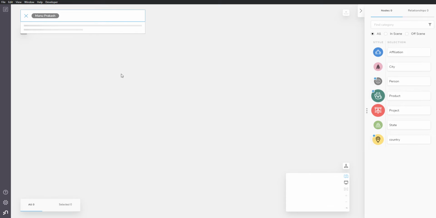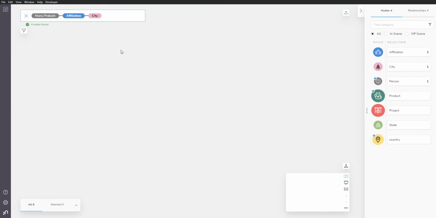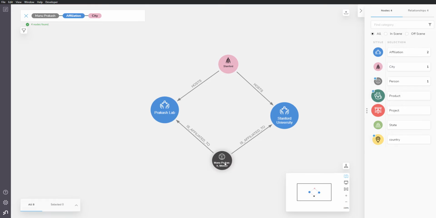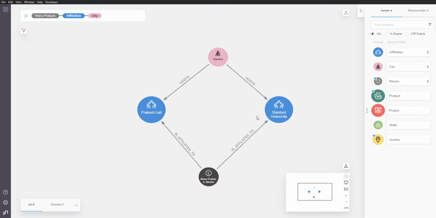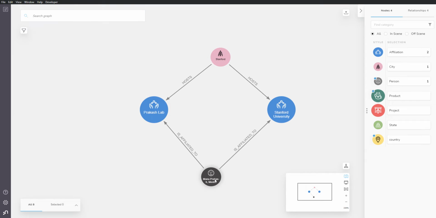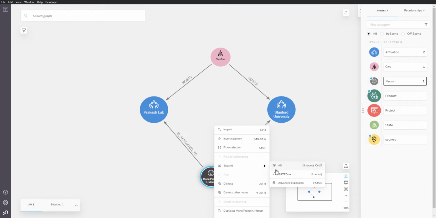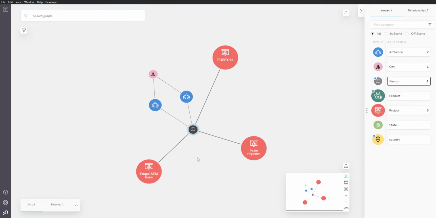There you go. And then we can know which projects you were in or the affiliation and the city, for example. And so you're in these two centers.